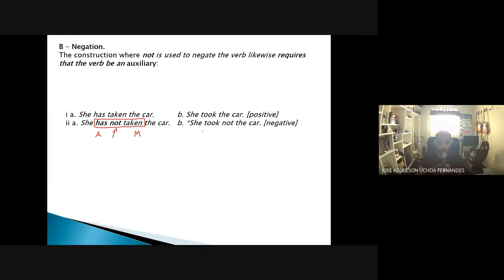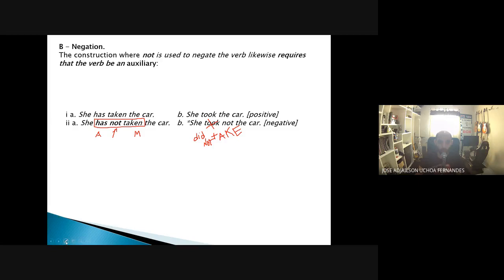What would be the grammatical version? She put the verb in the plain form. She did not take the car. So we must put a did here plus a not, and take.